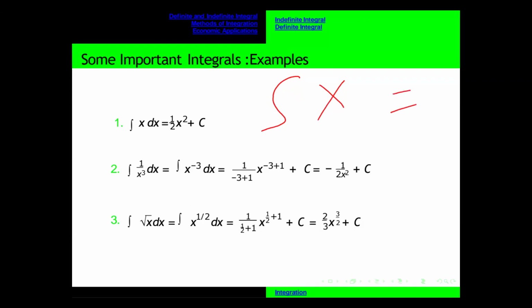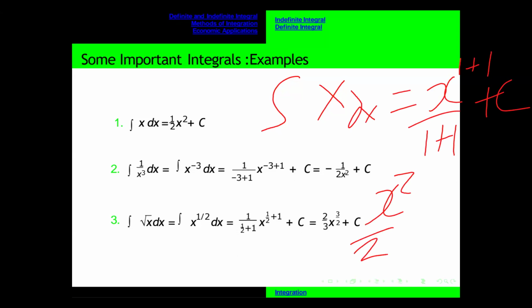It will be x to the power 1 plus 1 over 1 plus 1 plus c, right? So that you can have x squared over 2 plus c. You're followed? Yes, I'm following, sir.